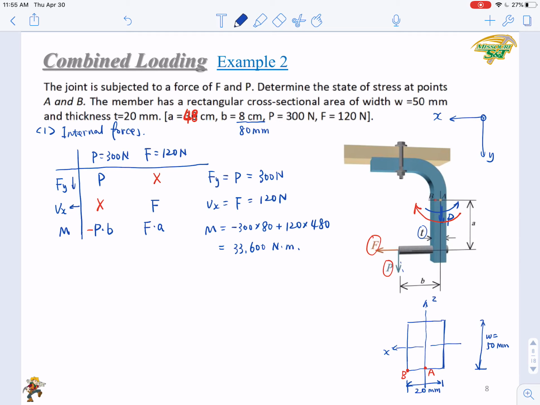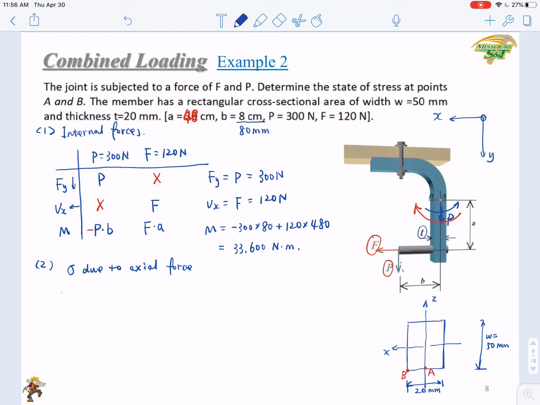After this, we can calculate the normal stresses and the shear stresses at point A and B, respectively, separately. Then step 2, we will look at the normal stresses due to the axial force. We normally assume that the normal stress generated by axial force is uniformly distributed on the cross section.